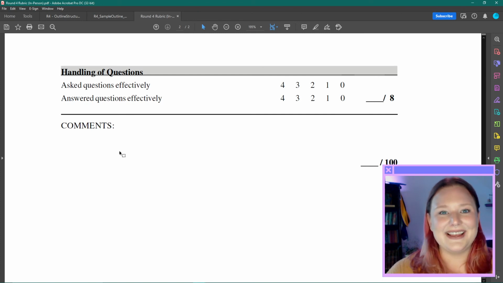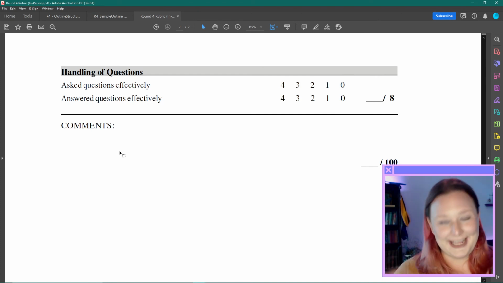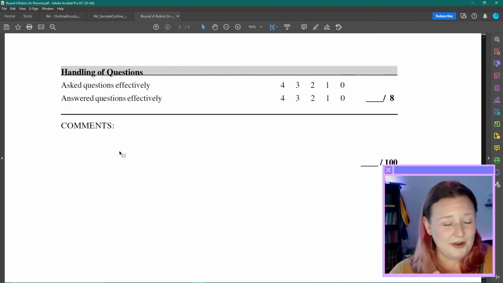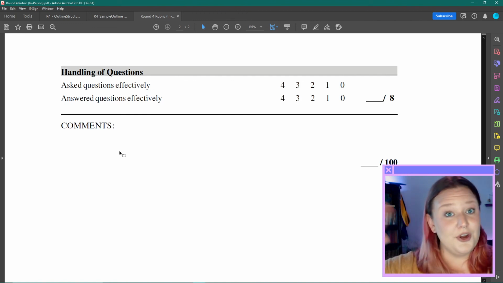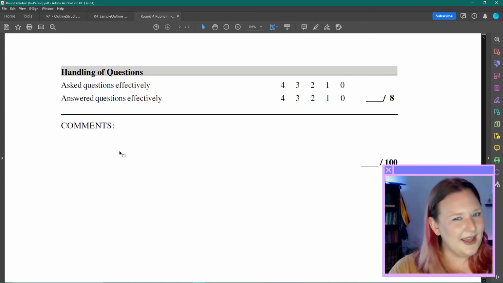Again, I care less about do you know the answer and much more about how are you handling this interaction. So don't ramble. Tell us if you don't know. That's totally okay. Try and stay on topic. If you're not sure what they're asking, ask them to clarify. Or once you give an answer, say, did that answer your question?